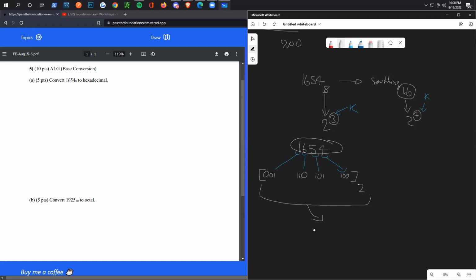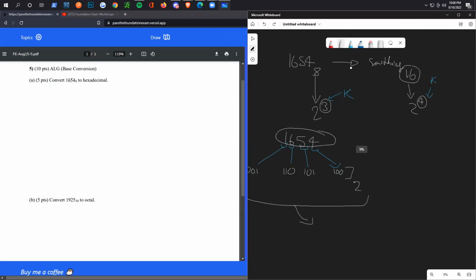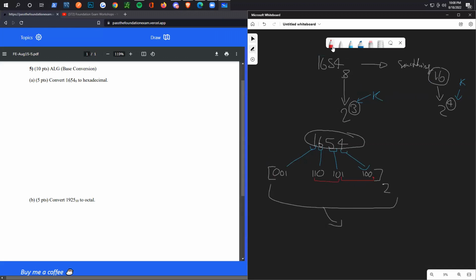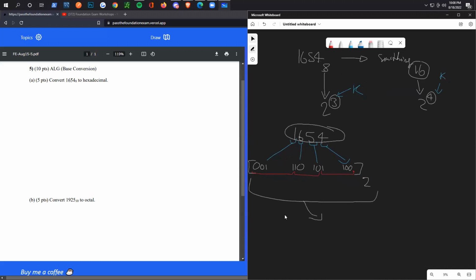We can easily do that since we have 3 groups of 4, 12, and there's a 4 in here. So we're going to have 3 groups of 4 as opposed to 4 groups of 3. What I mean by grouping is you start from the right side and group in 4s, like this. And that's going to be your final answer.